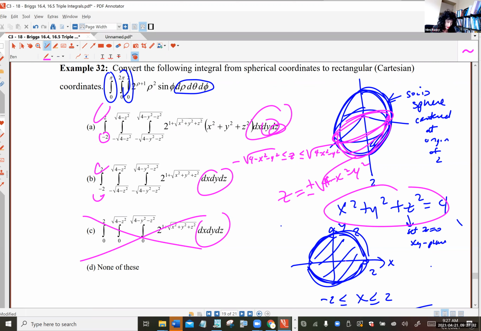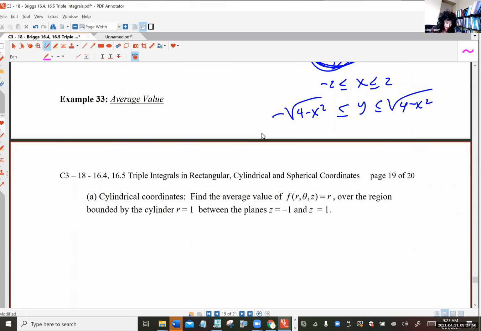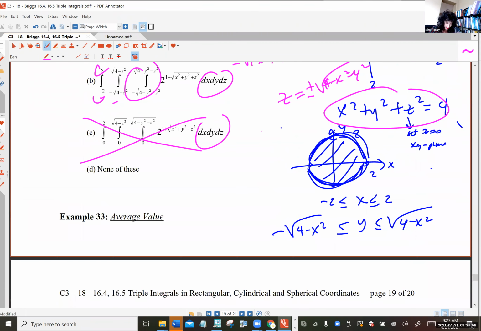It looks like both of those do that. And then x, if you solve your sphere equation for x instead of z, you get plus and minus the square root of 4 minus y squared minus z squared. So it looks like A and B are tied right now. So which one is it going to be? B.